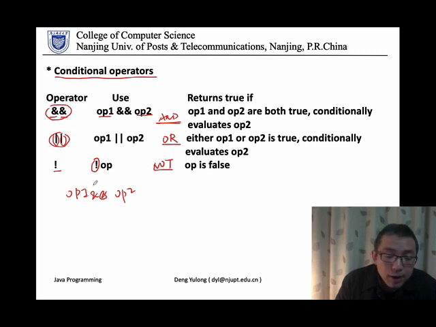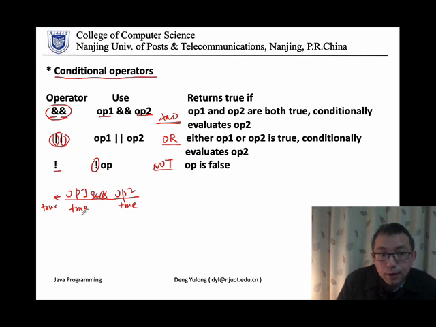They cannot be anything else. So the first operand and second operand may be true or false. Suppose the first operand is true and the second operand is true. When this operation is performed, it will return a Boolean value of true.